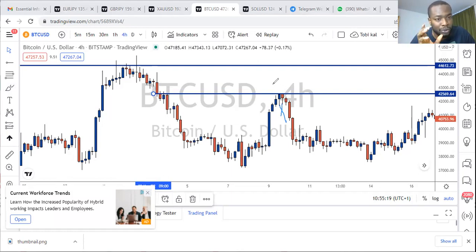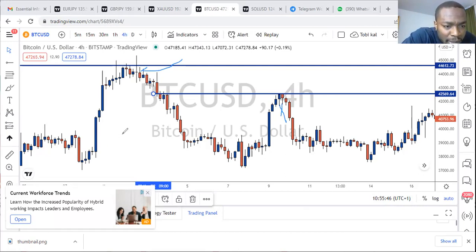They are not strong compared to a clear reversal candle, like this blue one. This is a clear reversal candle. These are candles to show you that sellers are about to take charge. But sometimes they are not as strong as when you find a clear reversal pattern. That's what I'm trying to explain.